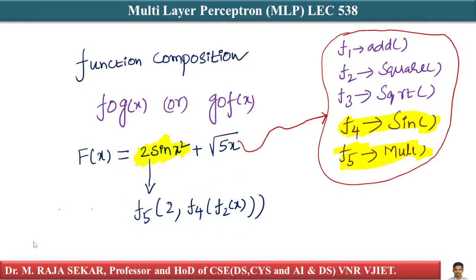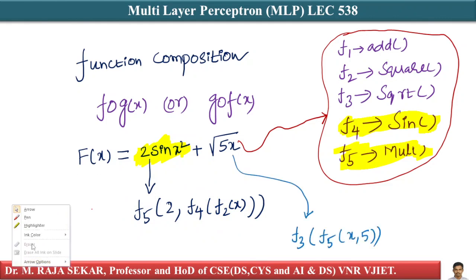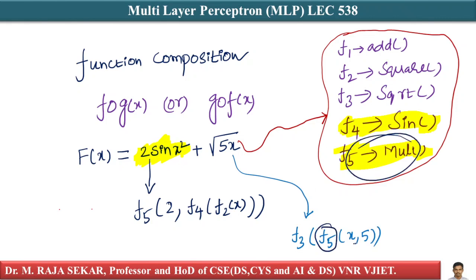In a similar manner, you can represent root 5x. How can I represent root 5x? Just see this one. It is simple and straightforward. What is my f5 here? f5 is multiplication. You are multiplying x and 5. This is 5x, isn't it?